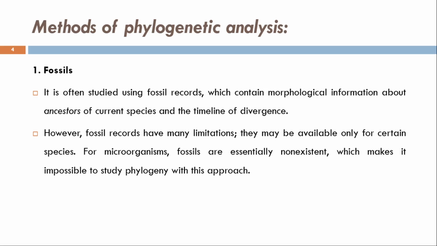By geological survey, they dig the mountains and rocks somewhere and try to find some fossils. If they analyze the anatomy or morphology of the fossils, scientists can correlate which were the ancestor organisms and which were the descendant organisms.